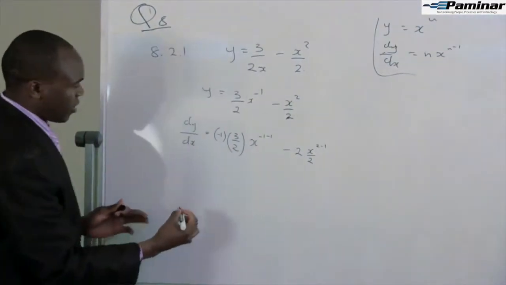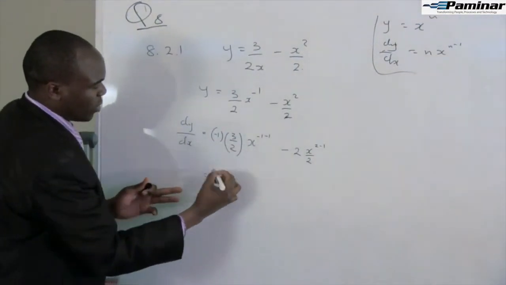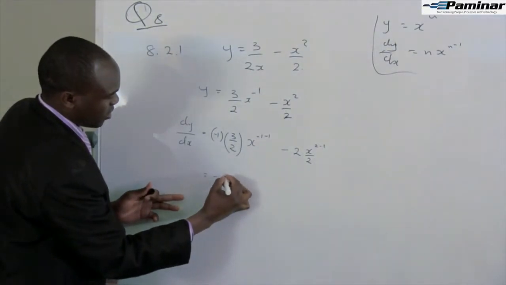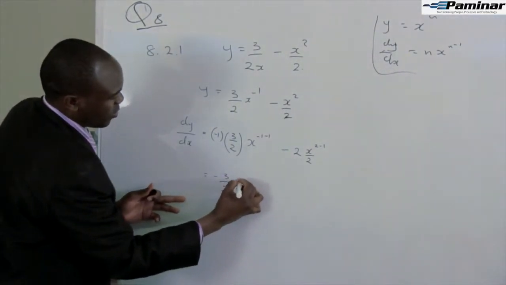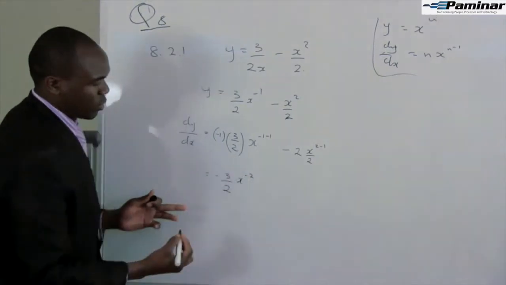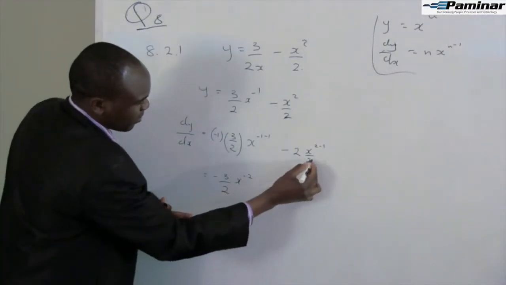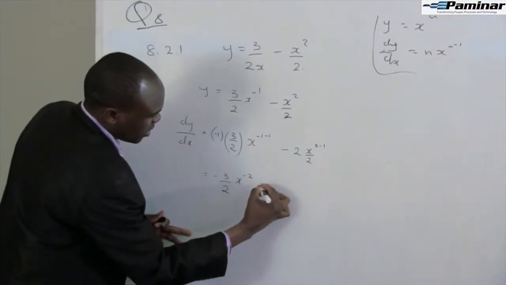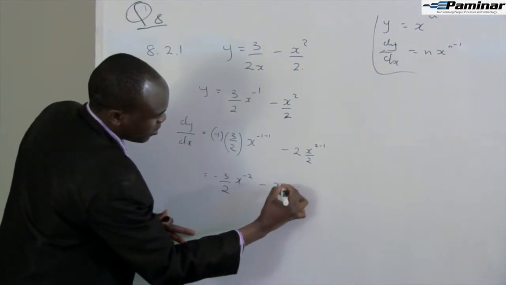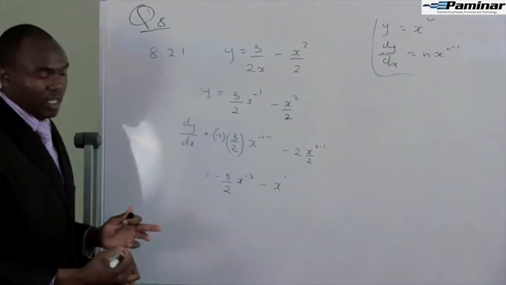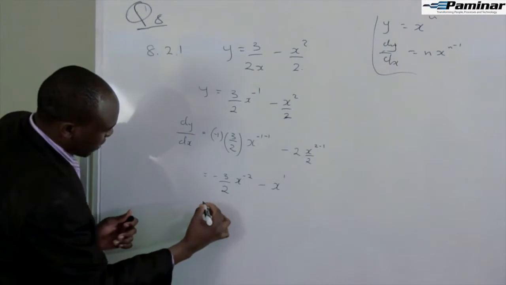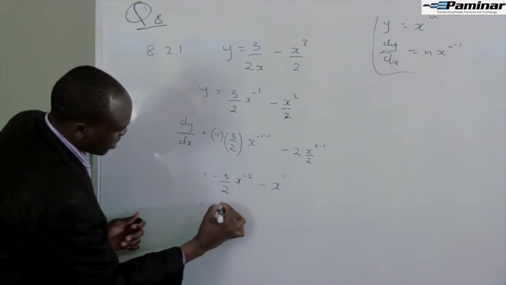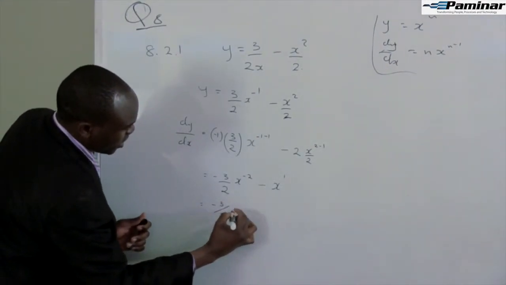Now this one becomes negative 3 over 2 x to the power negative 2. Now this goes and this goes, so it becomes minus x to the power 1. By the end of the day we have minus 3 over 2.